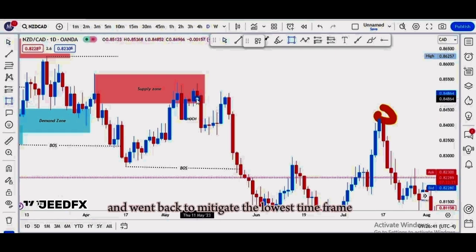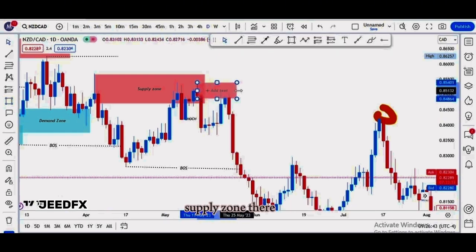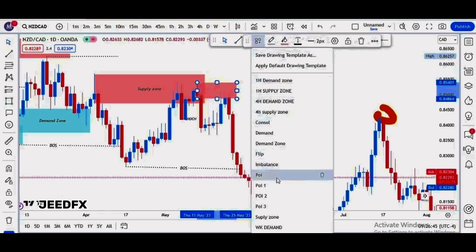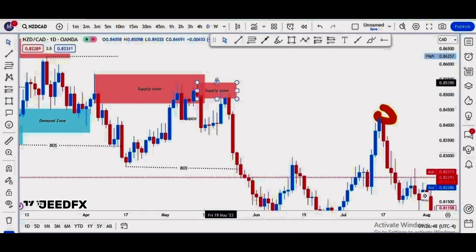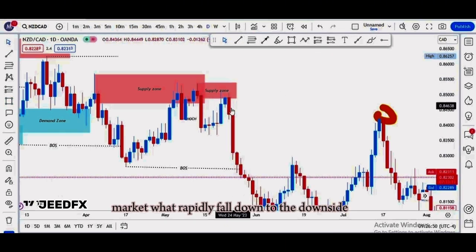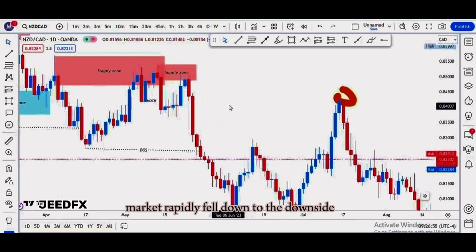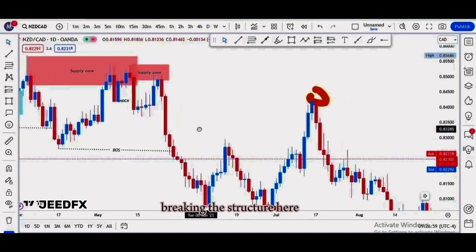Okay, went back to mitigate the lower time frame supply zone there. Market rapidly fell down to the downside, breaking the structure here.